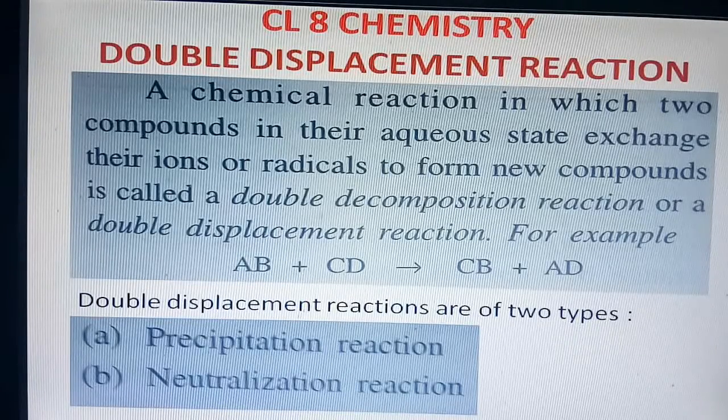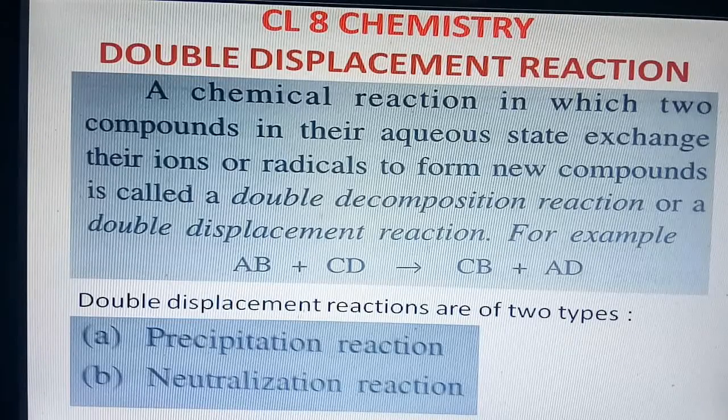If for example you write AB plus CD gives AC plus BD, then that is not the reaction. Why? Because in that case, a compound would be formed by both positive parts.